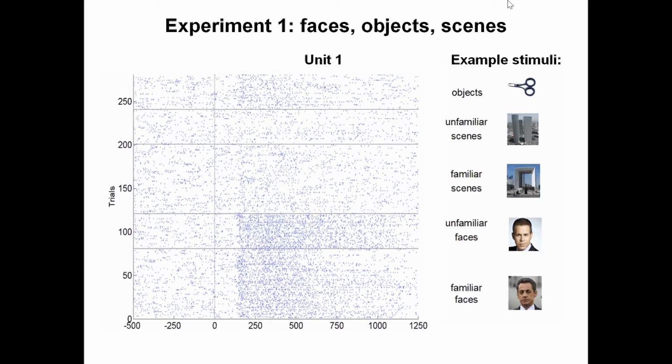There was also some activity for objects, but keep in mind that we are talking about multi-unit and not single-unit, so it is possible that we recorded several neurons, and we cannot say whether it was a single face neuron that responded both to faces and objects. But most important is that we have very clear and sharp face-selective activity in this multi-unit.